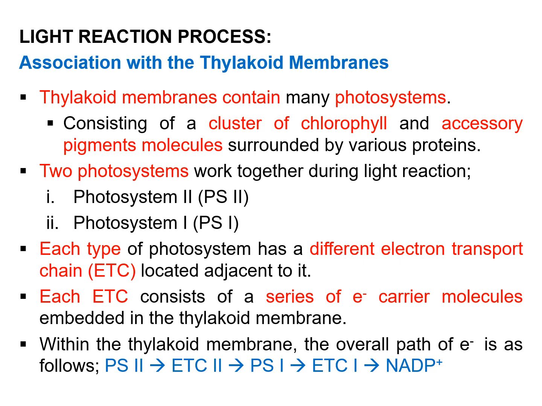The photosystems are photosystem 1 and photosystem 2. And each photosystem has a different electron transport chain, consisting of a series of electron carrier molecules.